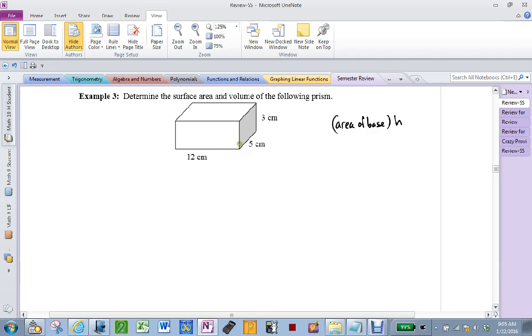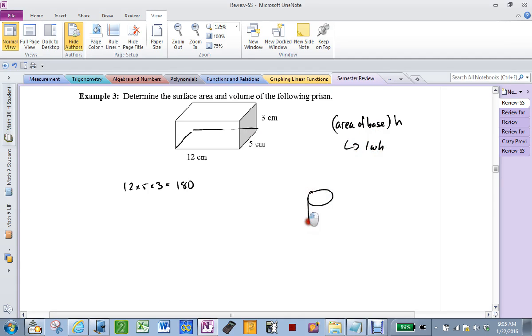In this case, the base is the bottom, which is 12 by 5, and the height is 3. So it's 12 by 5 by 3, which gets us 180, right? That has evolved into length, width, height. Okay?